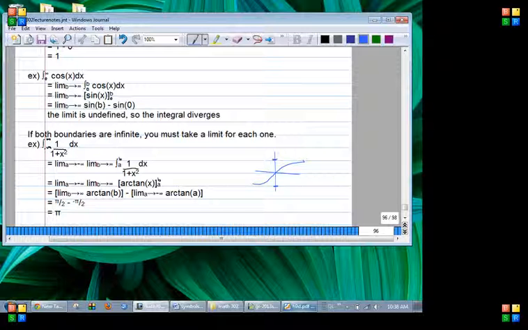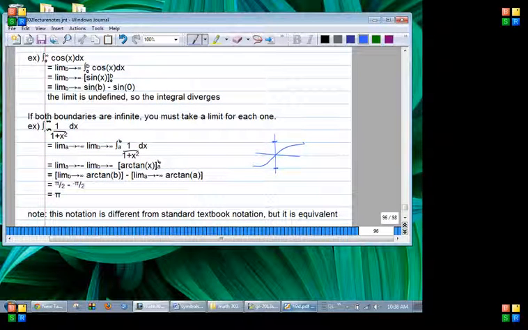So if both boundaries are infinite, you have to take a limit for each one. And I just want to make this comment that the notation that I use to write this down is different from the standard textbook notation, but it's equivalent. And the truth is that mine is quicker and more efficient.